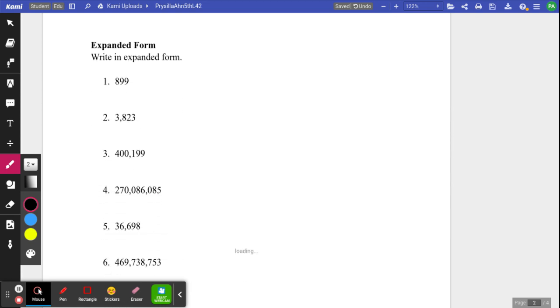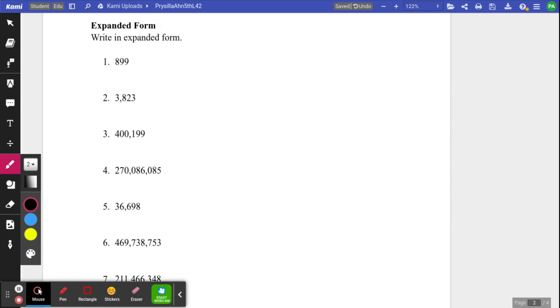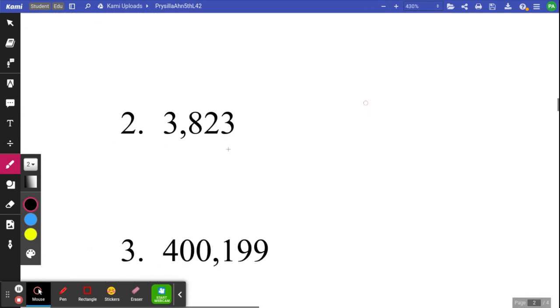Moving on, we will be doing expanded form, and this time, once we get a certain expanded form, we're going to break that down even further by evaluating the places. So what I mean by that is, for example, number 2. We see that there is a thousands, hundreds, tens, and ones place.